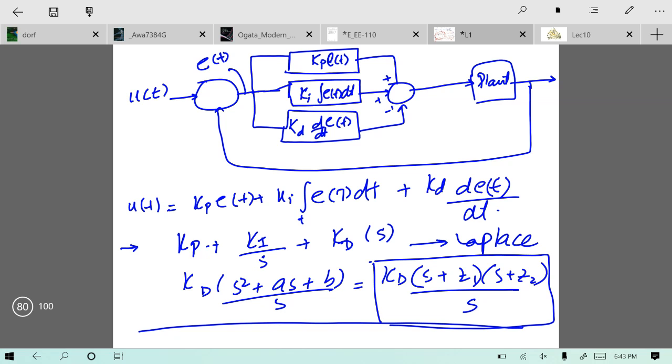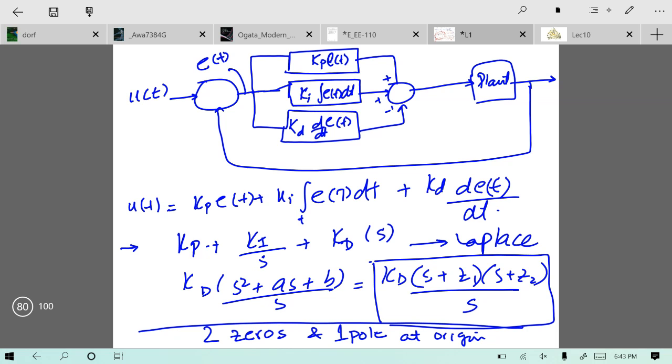The point that you have to note is that there is S in the denominator, and in the numerator you have a second order equation. If you have a second order equation in the numerator, it means your PID controller has two zeros and one pole at the origin. This is an important observation.